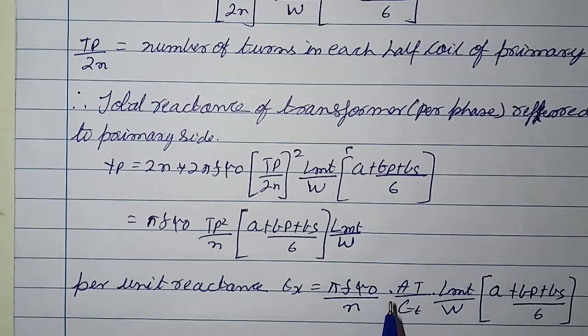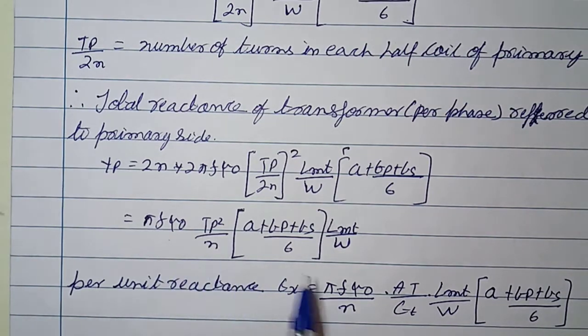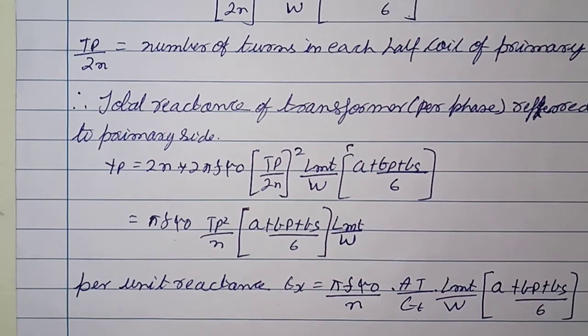The rest are the same. So we get pi f mu naught by n AT, then the volt per turn, LMT by W as it is, into A plus BP plus BS by 6. So this is the equation we have for the per unit leakage reactance of a shell type transformer. Thank you.